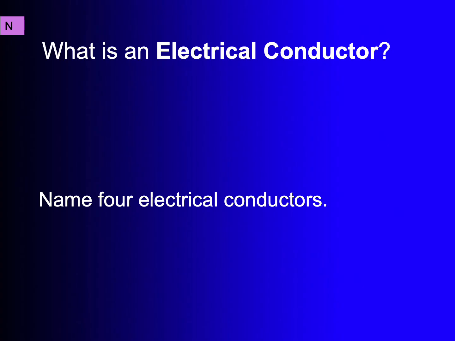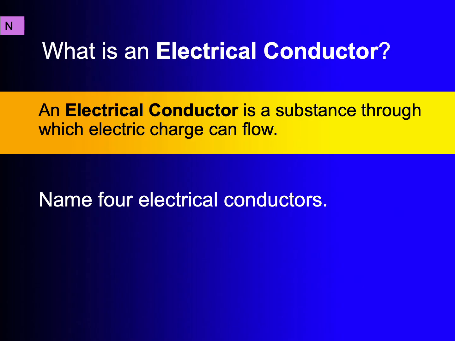Okay, so this you know from back in Junior Cert. What is an electrical conductor? Defining it here: a substance through which electric charge can flow. We also would have looked at it in terms of heat, so that energy passing from atom to atom. Here it's electric charge passing from atom to atom and flowing through it.